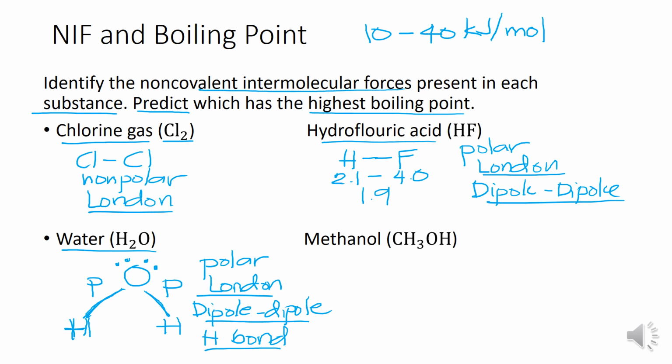Now let's consider methanol. Methanol has this structure: we have CH3 bonded to an oxygen, which is bonded to a hydrogen. In this case, the oxygen also has two lone electron pairs. Again, the hydrogen-oxygen bond is polar, and there's nothing to cancel out this polar bond, so methanol is also polar.